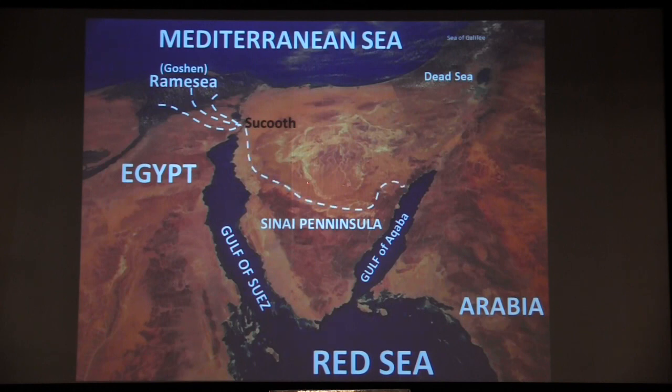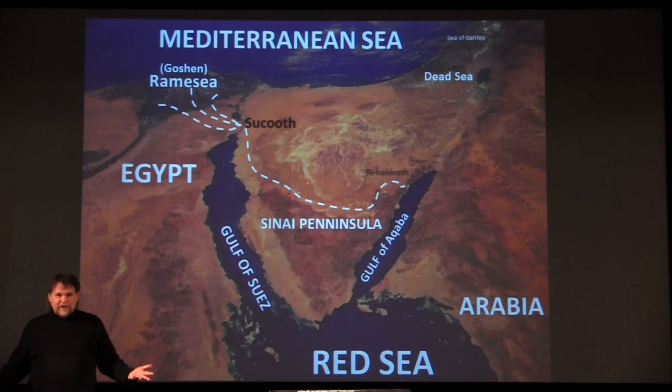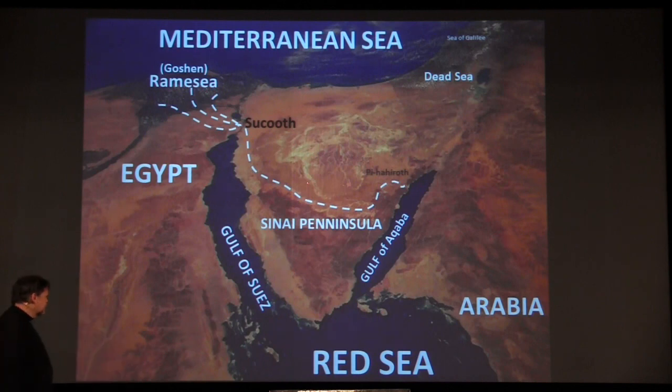And then there are many ways that you could travel. And there are lots of theories about how the Exodus happened. I'm going to give you my favorite, and I'll show you an alternative, because there's lots of them out there. But it's fun to read about, I just wanted to get the geography in your heads of what's going on.